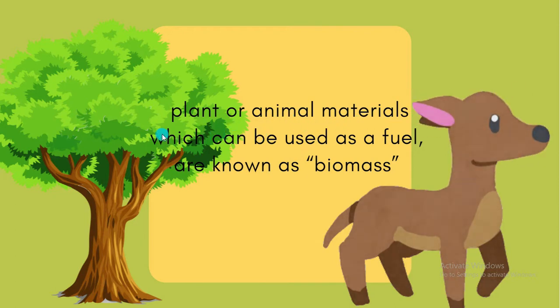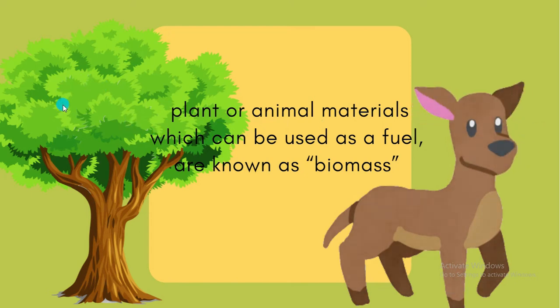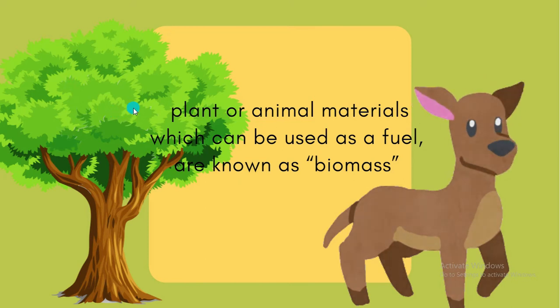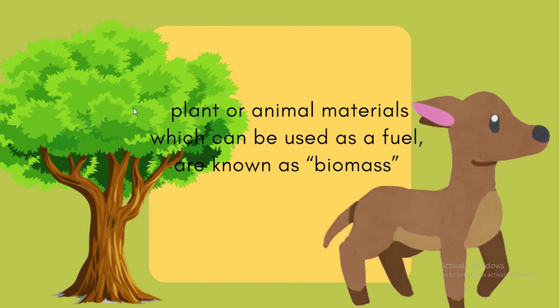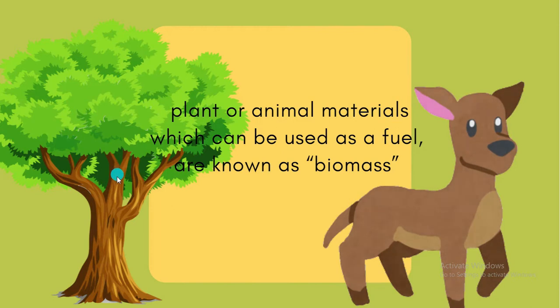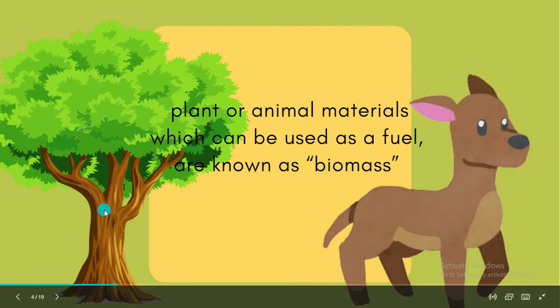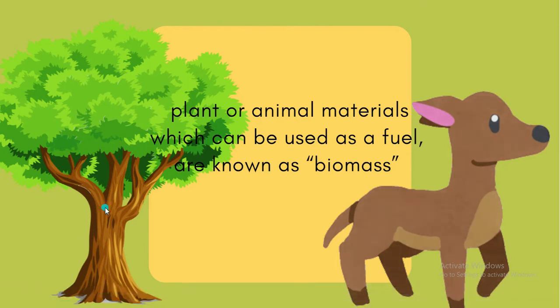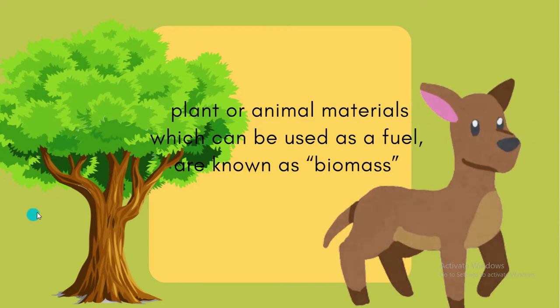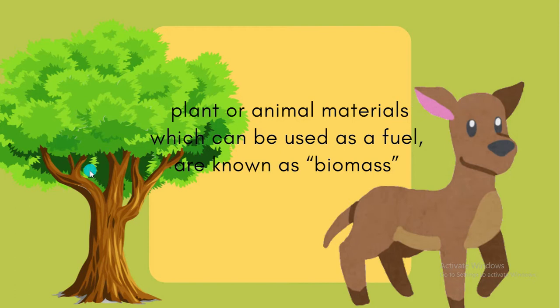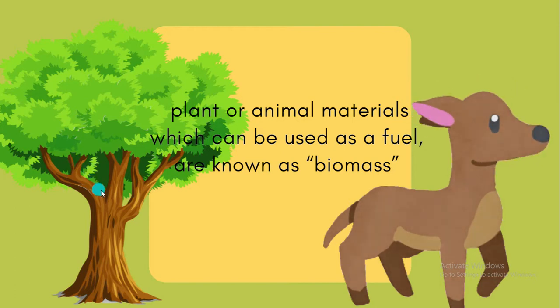You know, there are various parts in plants and animals also. Here leaves, branches, stem, roots, these are the parts of the plant. So we can get these parts when plants are dead, as a fuel. This is known as biomass.